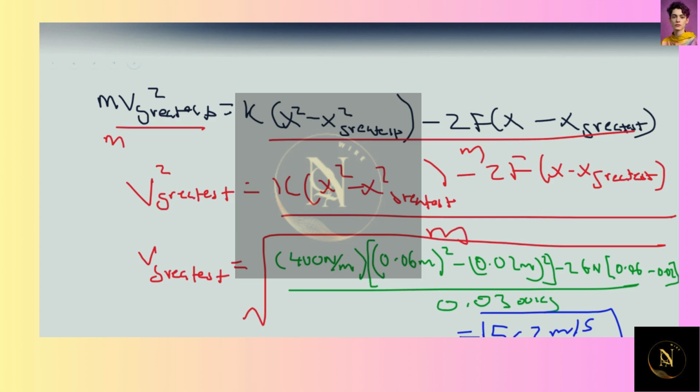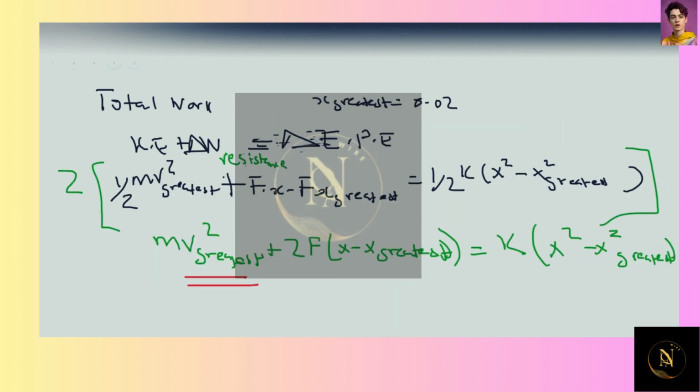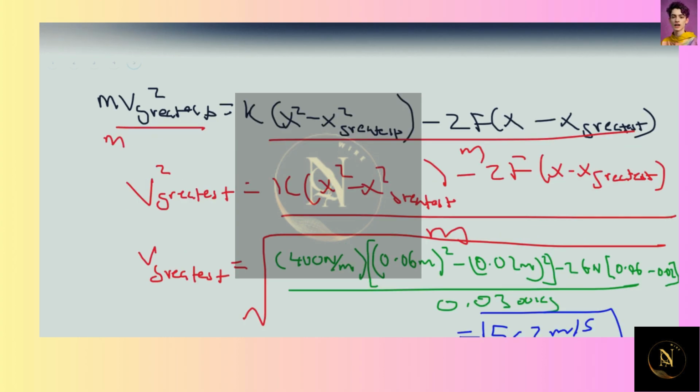And then the final part, we use the total work formula, where the total work done in the whole system is a constant. So kinetic energy at the greatest location is the same as the change in work done due to the resisting force at the greatest location, which is equal to elastic potential energy. We plug in the numbers, do a lot of manipulations, and solve for v greatest, which happens to be 5.2 meters per second.